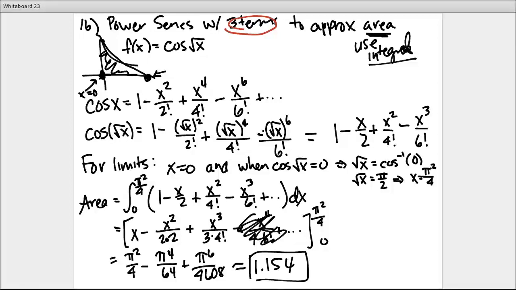You're also going to need to verify that the derivative is true using power series. A good one on that is quiz number 14, where they want you to show that the derivative of cosine is negative sine.